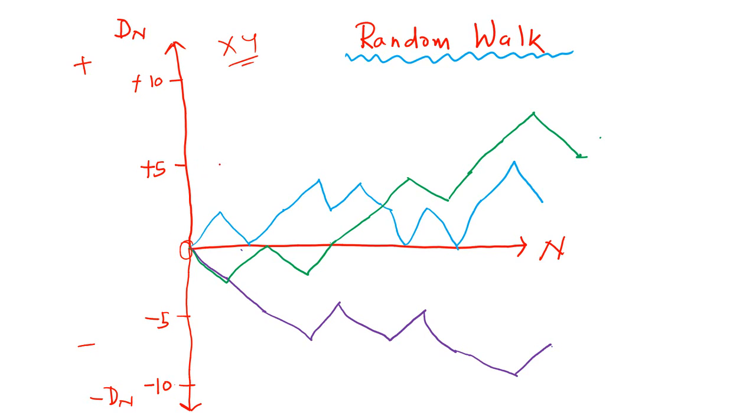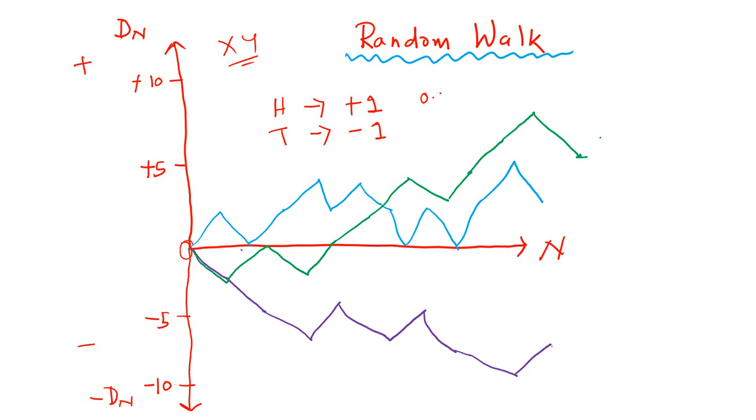Okay, and then we toss the coin, and every time we get, let's say, head, then we move +1, and every time we get tail we move -1. The reason why it is called random walk is because somebody is walking from the origin and it's completely random, because when you toss a coin there is a 50% chance, right?